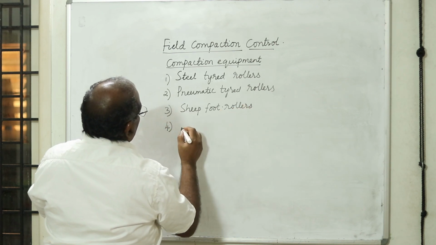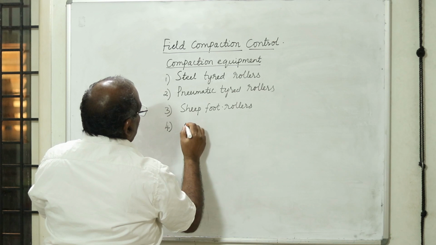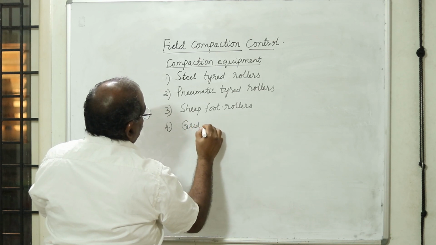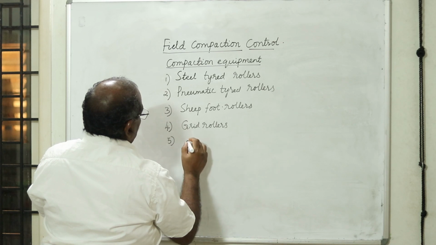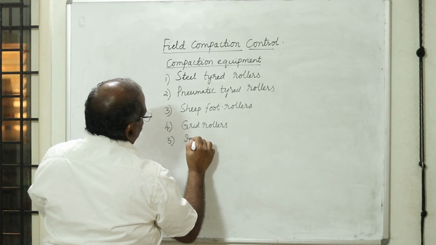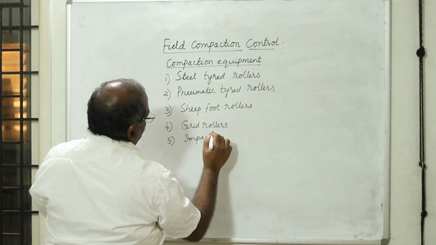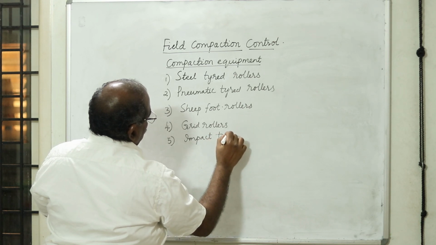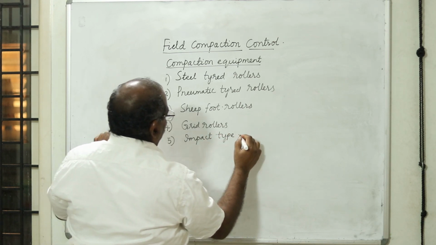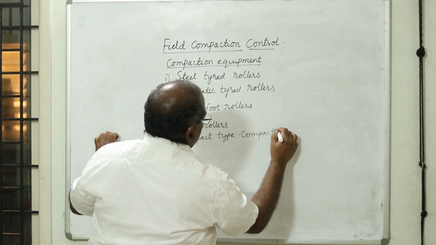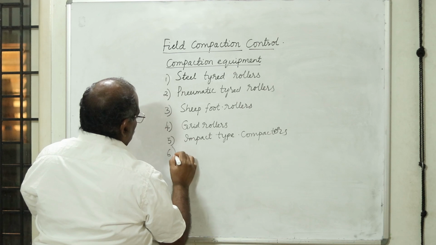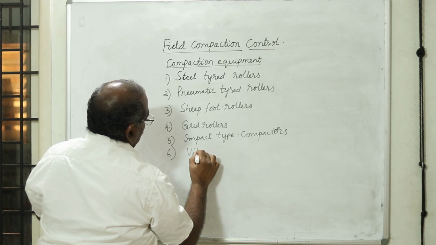Fourth one you got vibrated type rollers. We got the grid rollers. And then impact type compaction, impact type compactors are there. Then you got vibrative type.